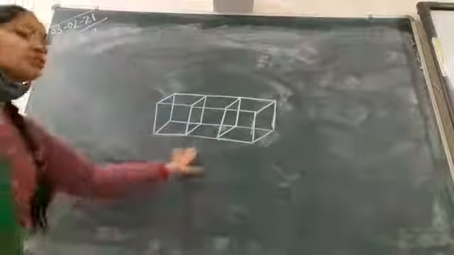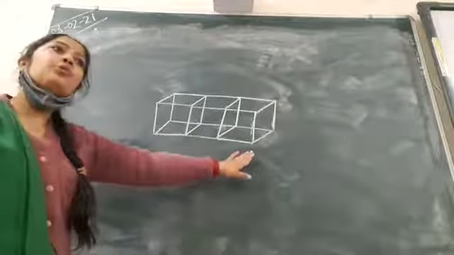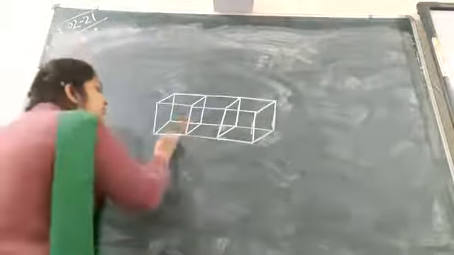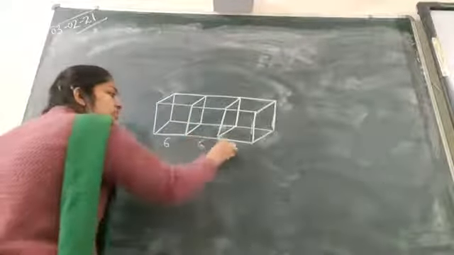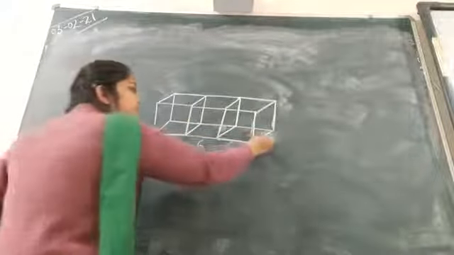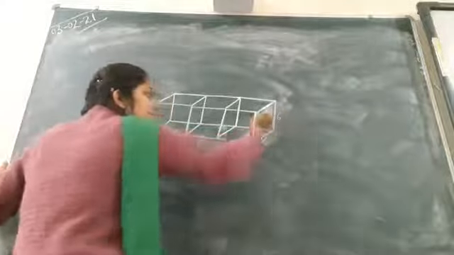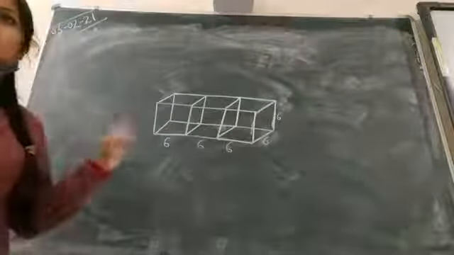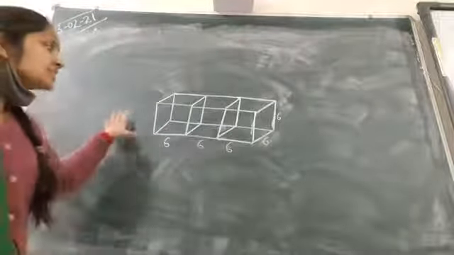Okay, so these are your 3 cubes which are joined end to end. Each cube was having side or edge 6. Length also 6, width also 6, height also 6 because all 3 were cubes. Right? Now, this is a cuboid.